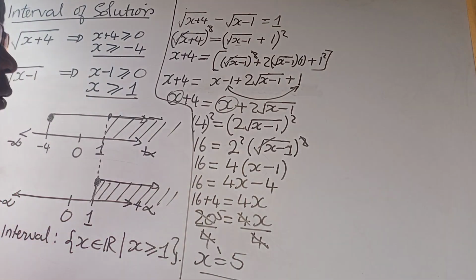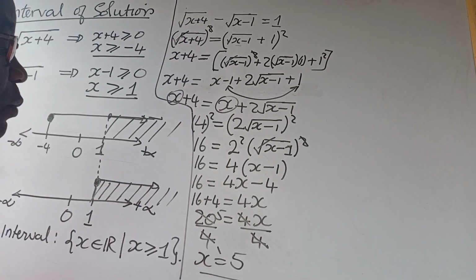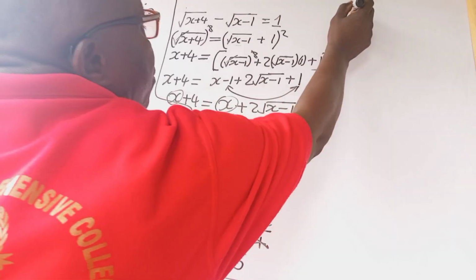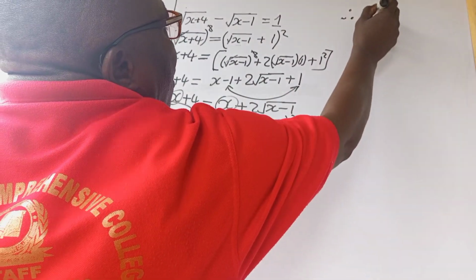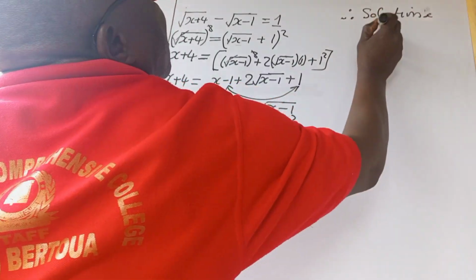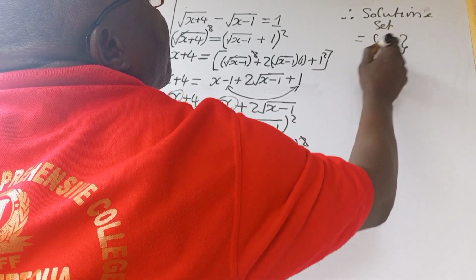So we have arrived at the solution x equals 5. So it just happened that in this exercise, we have just one element in the solution set, which is x equals 5. So here we see our solution set. Therefore, our solution set is just the singleton 5.